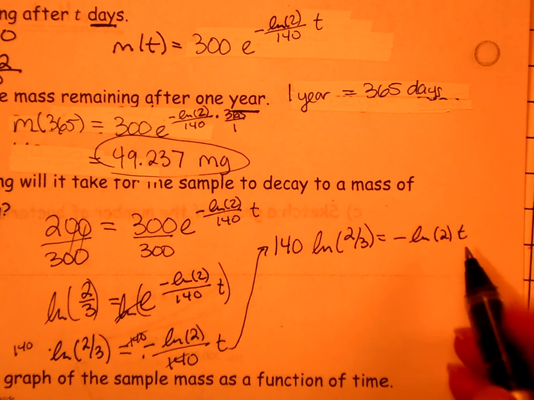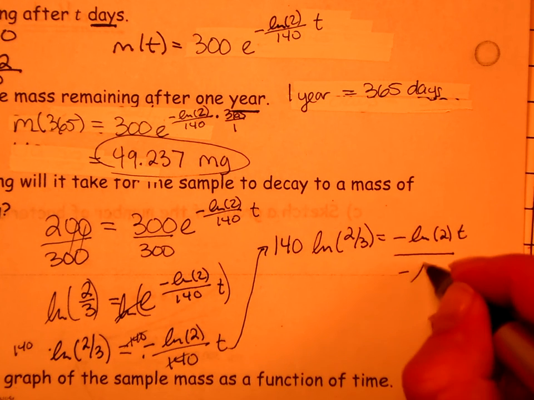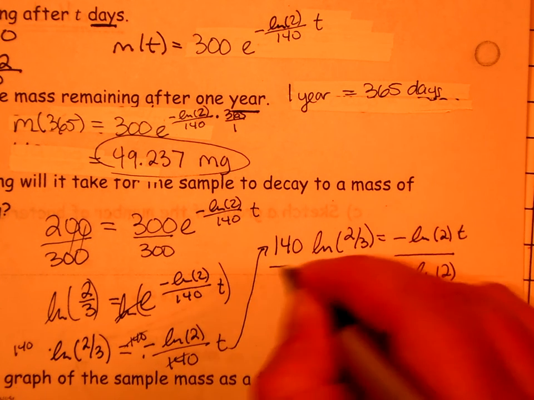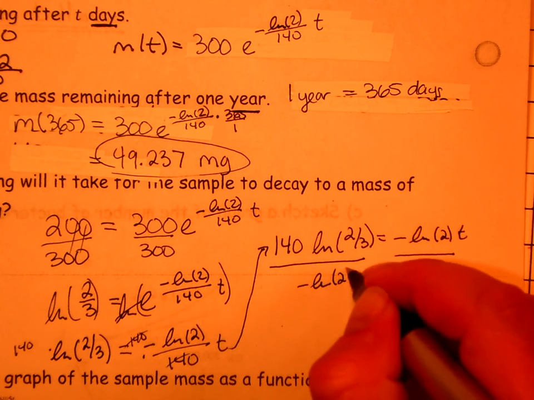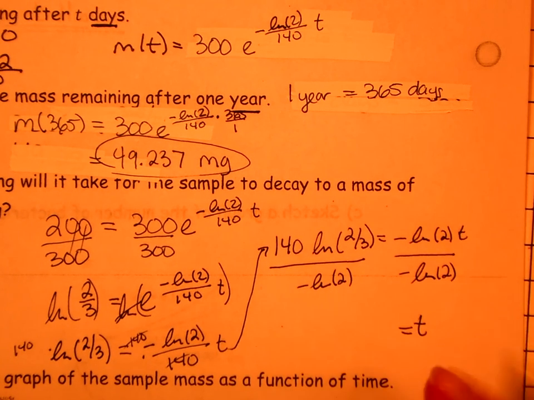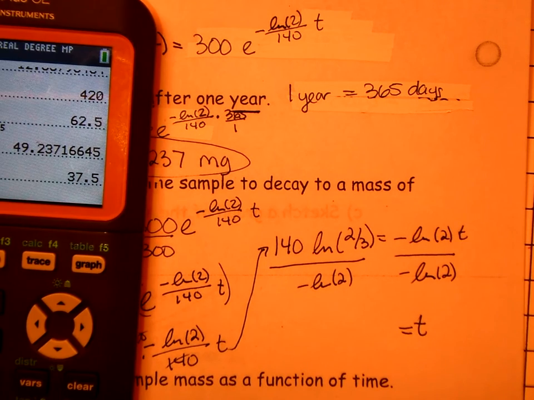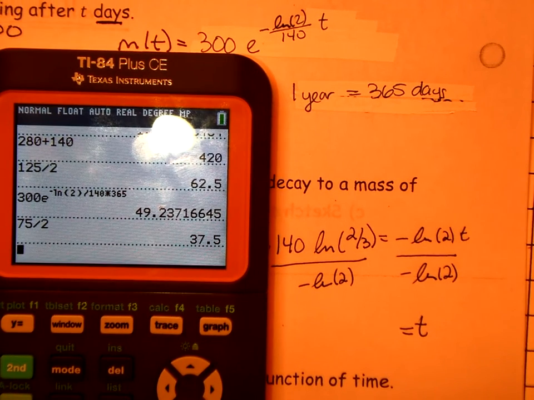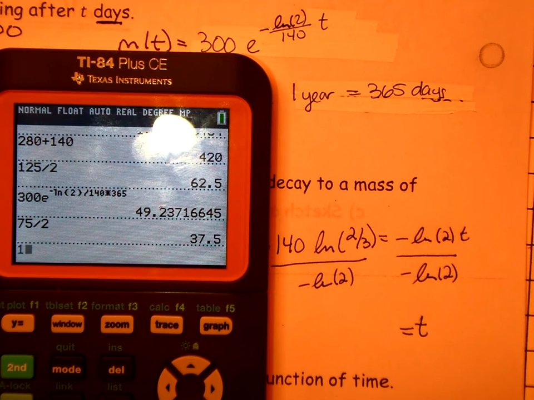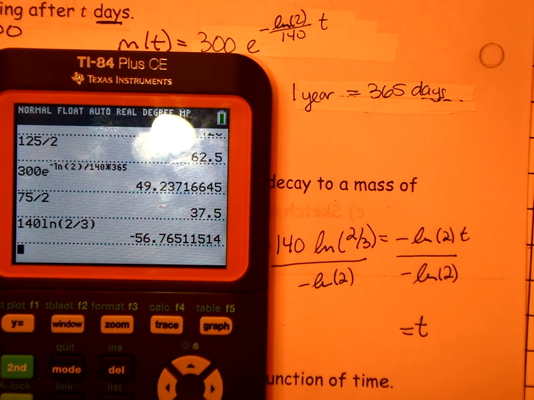Now, to solve for t, I'm going to divide by negative ln of 2. Plugging all that into the calculator will get me what I need. So I'm going to do 140 ln 2/3, hit enter, and then divide that by negative ln 2.